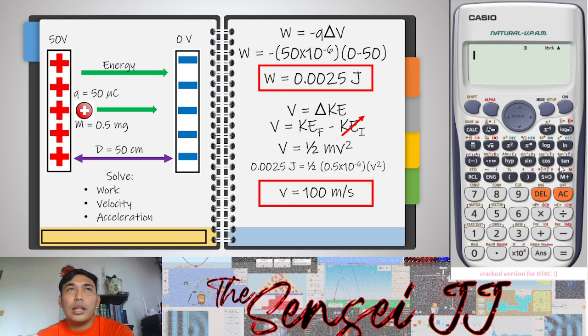So in our discussion a while ago, electric potential V is equal to PE all over the charge.